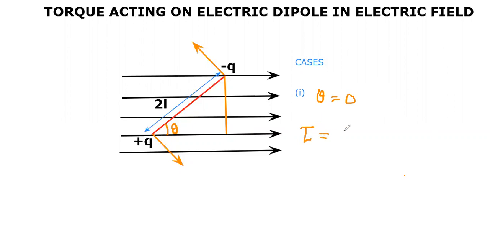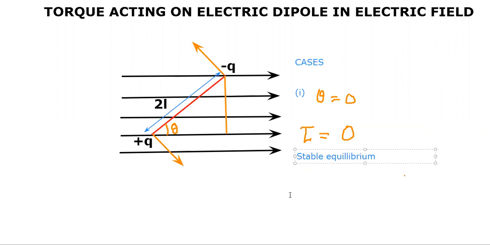This case is also called stable equilibrium. In this case, it is said that the electric dipole is in a state of stable equilibrium. This question was asked in this year's question paper also: what is the condition for stable equilibrium for torque.